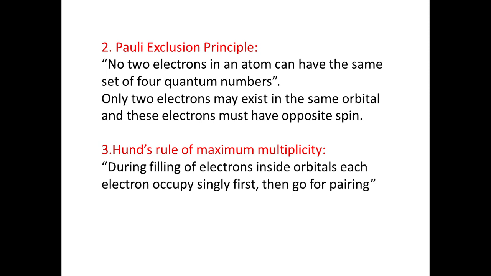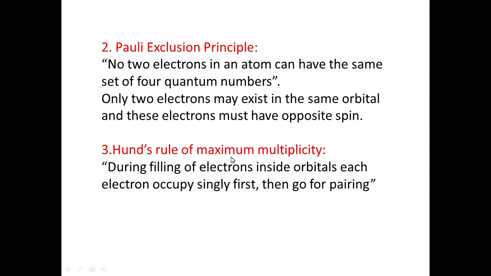At least the spin quantum number values must be different, because, as we know, electrons are filled with opposite spins inside a single orbital. So this is all about the Pauli exclusion principle.